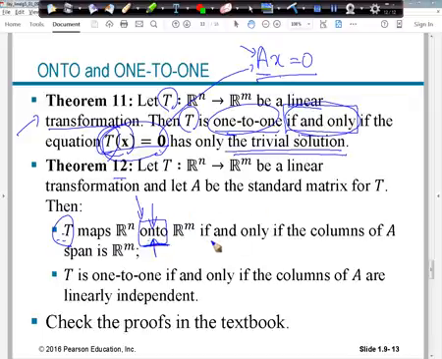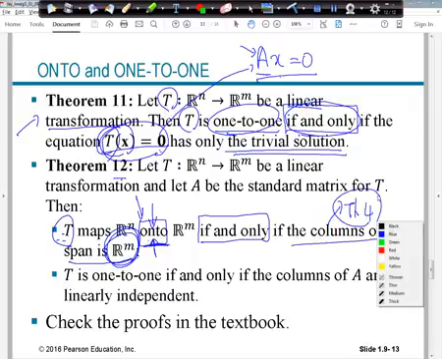Yeah, so onto is the same or equivalent to the case where the columns of A span Rm, which means the span of these columns of A is covering up the entire space, right? And this one was the same as this theorem 4, right? And then T is 1-to-1.